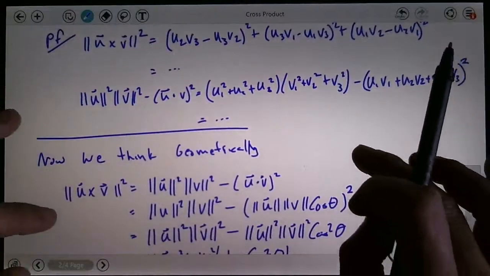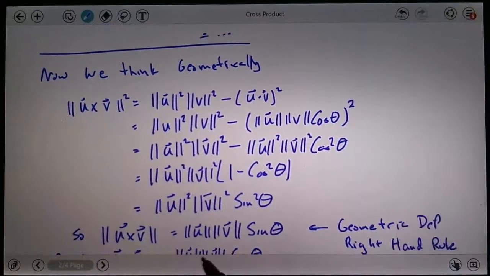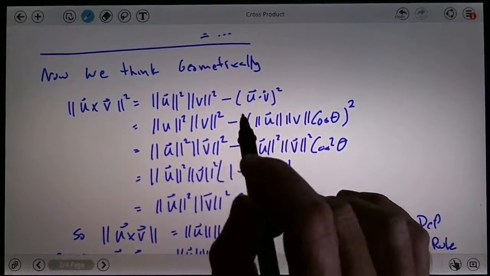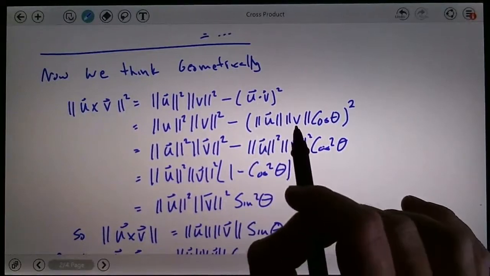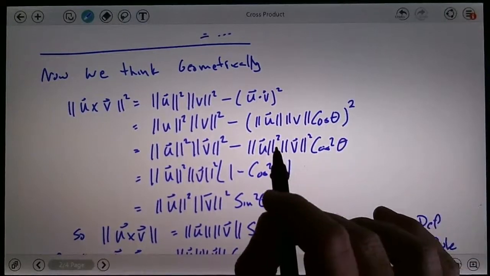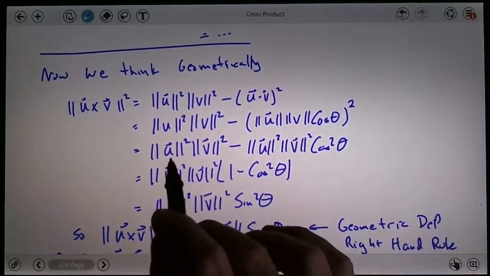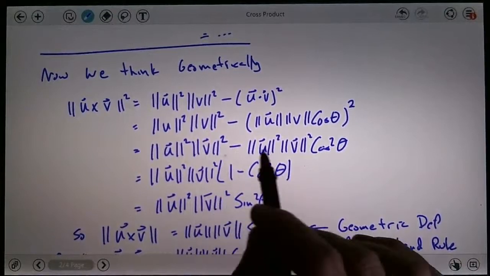But I can use that now to get a geometric interpretation of what the cross product is doing. So this is just the restatement of the theorem up above. But now I know another way of thinking of the dot product: the length of one vector times the length of the other times the cosine of the angle in between them. Squaring this, I've got that squared, that squared, that squared. Then I notice that I've got a length of u squared and a length of v squared in both terms here.